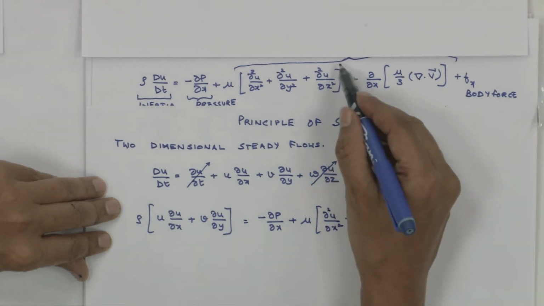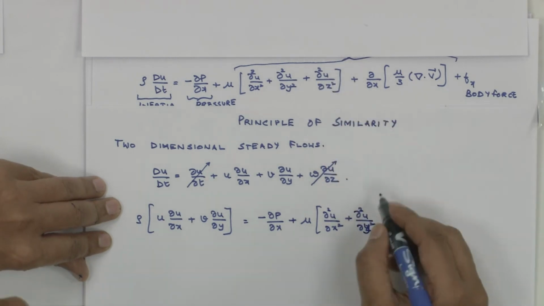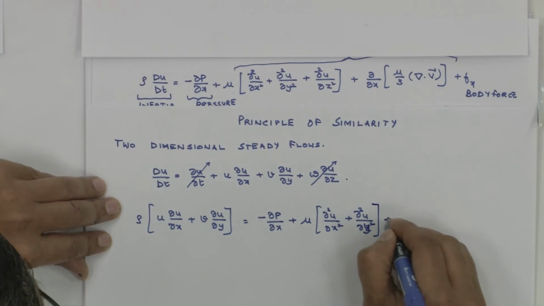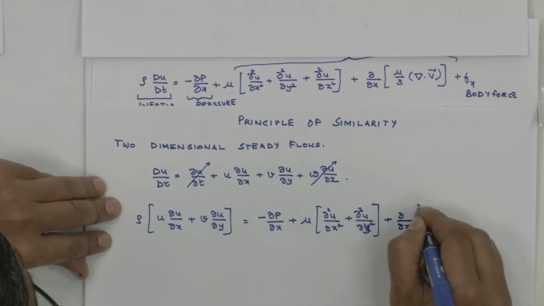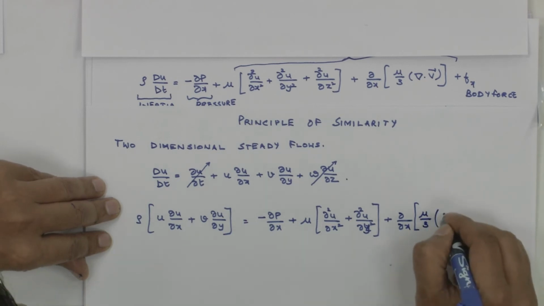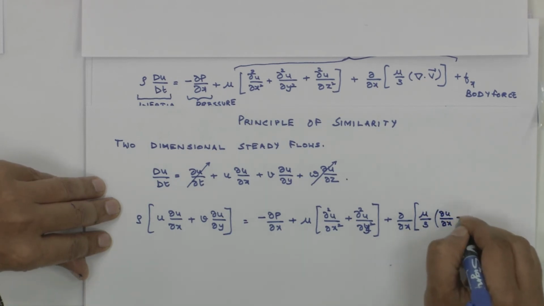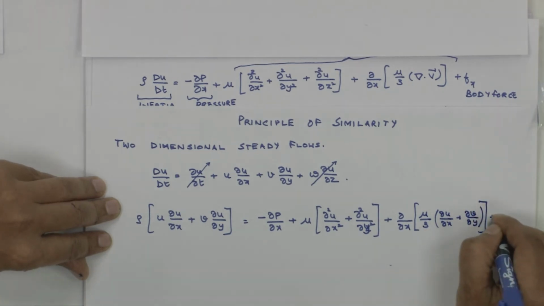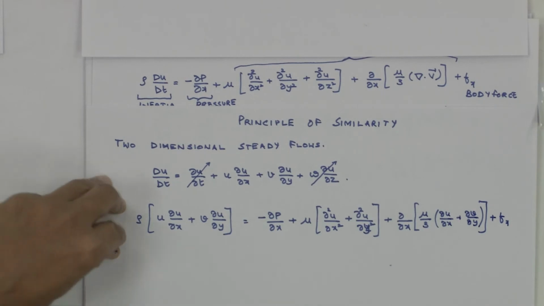The del z squared term is not there because it is a two-dimensional flow with no variations in the z direction. Then you have del by del x of mu by 3 times del u by del x plus del v by del y, plus fx.